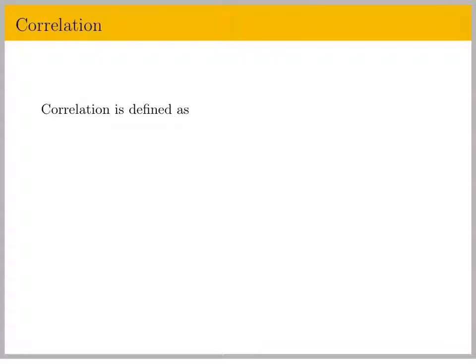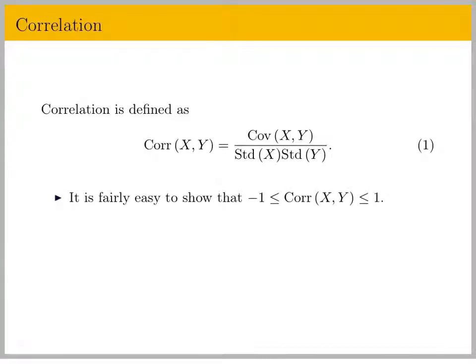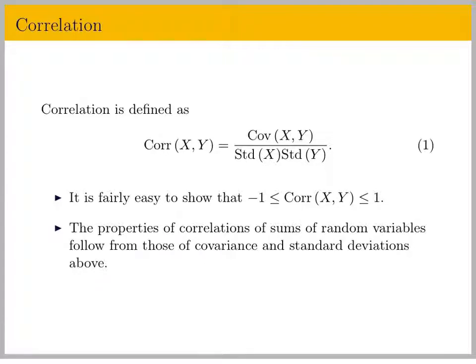Now the correlation, this is a special object that's very similar to covariance. It's essentially just the covariance scaled by standard deviations. It's not too hard to show that the correlation must lie between -1 and 1. The properties of correlations of sums of random variables follow from the covariance and standard deviations above.